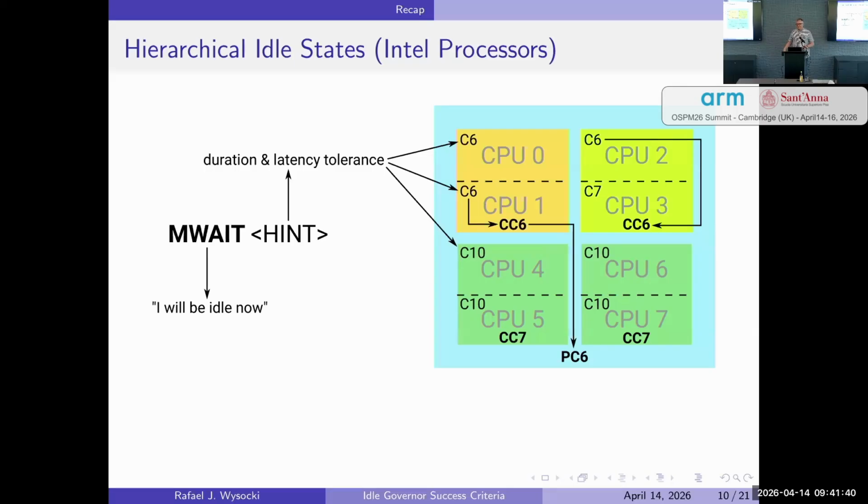You can do anything. 1 means do as little as you can. Everything between 10 and 1 is different levels of this license. And so, for example, 6 means that you can power gate the core, but also you can power gate the package.